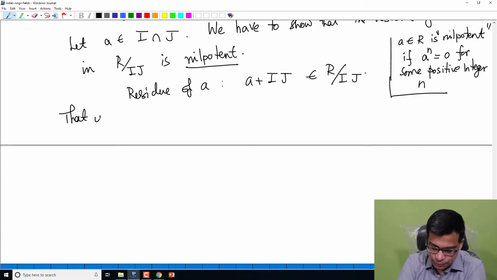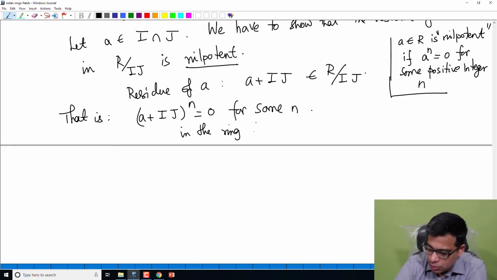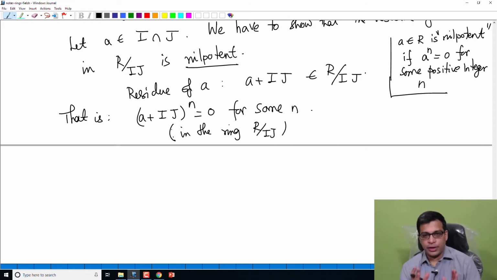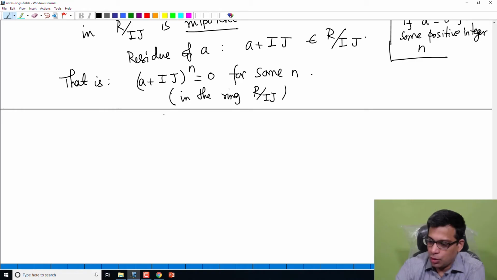That is, we want to show (A plus IJ) power n is equal to 0 for some n. This equality must happen in the ring R mod IJ, because the residue of A in R mod IJ is nilpotent.